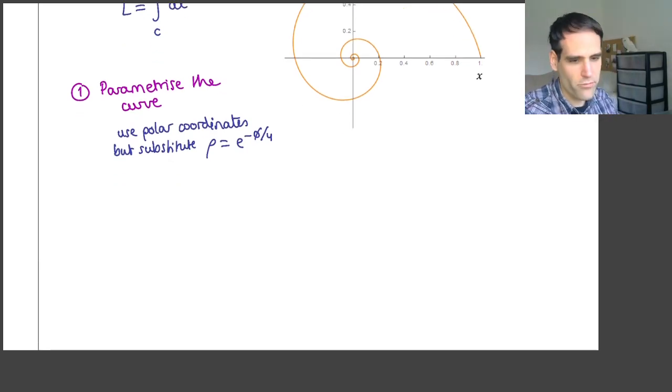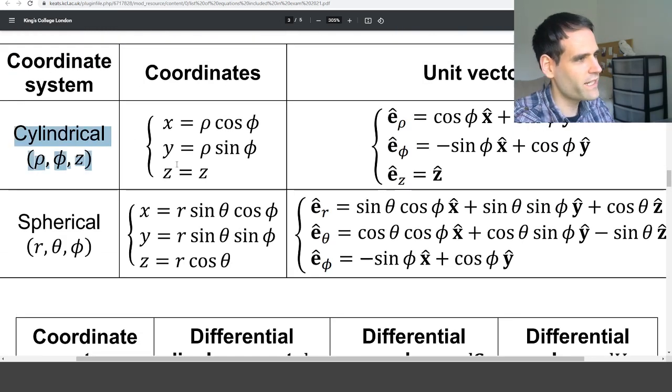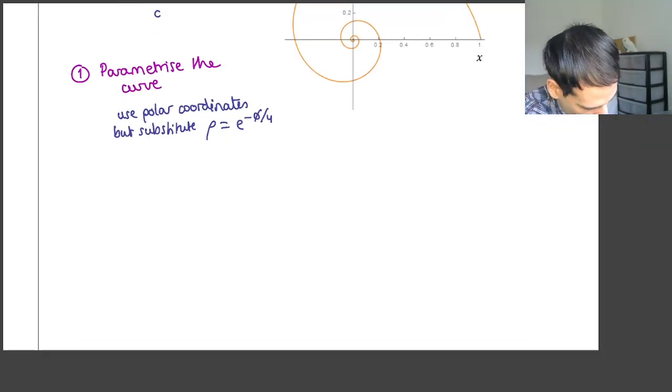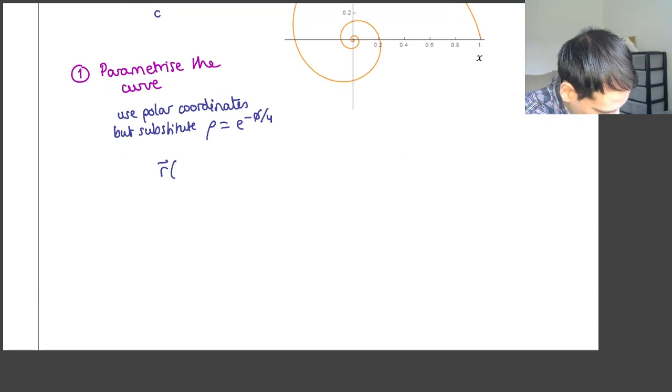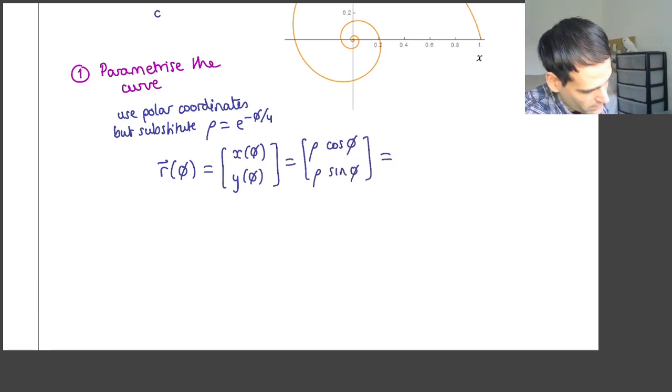If you go to the famous table that I provide in the exam, you have cylindrical coordinates, which include polar, right? Just ignore the last equation. So you have the equations for x and y for polar coordinates. So we just use these two values for x and y, but substituting rho equals the exponential of minus phi over 4. So our vector r as a function of the parameter phi is going to be equal to x as a function of phi and y as a function of phi, which we will write as rho cosine phi and rho sine phi, but we are going to substitute rho as a function of phi.